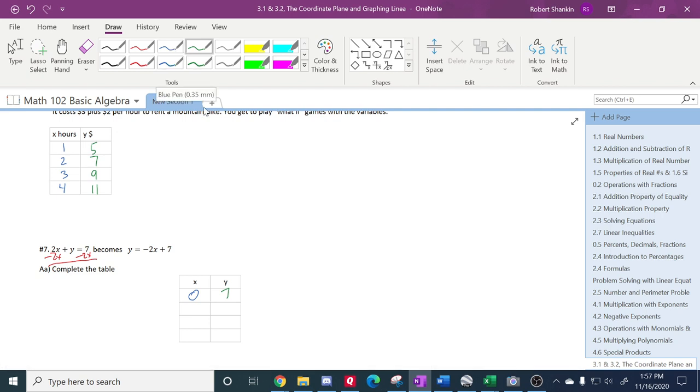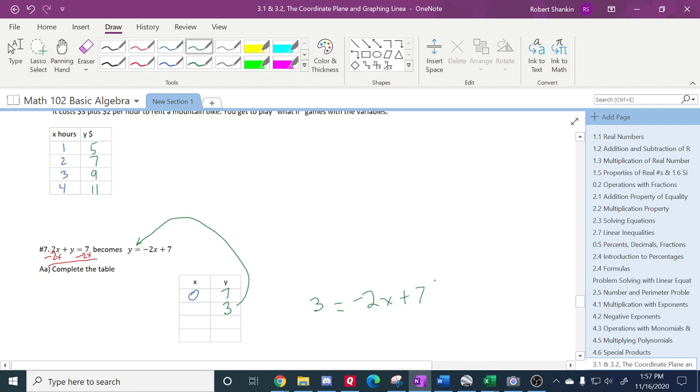But if I started with a y value, it's going to be harder. Suppose I started with a y of, let's say, 3. Then I'm going to have to write down this equation. 3, because I got to put that 3 in for this y right here, equals negative 2x plus 7.